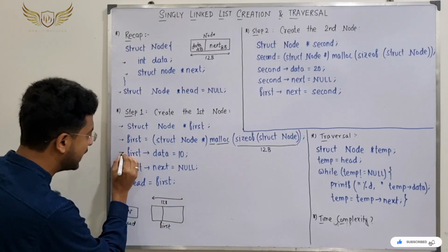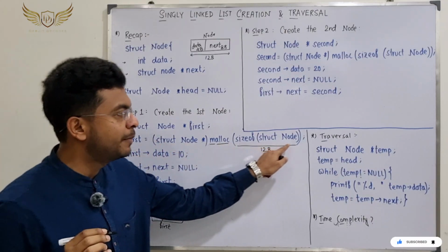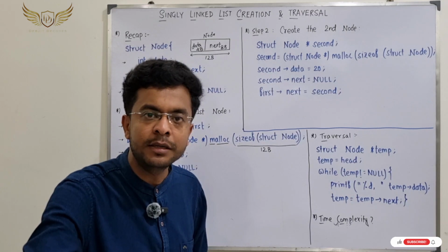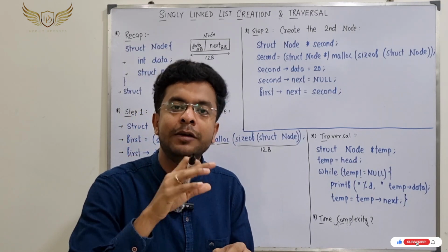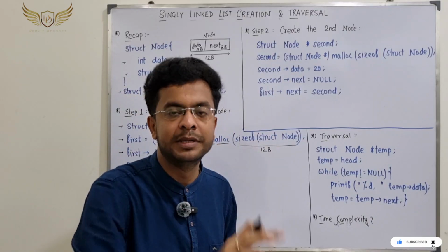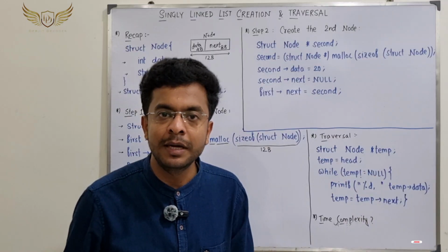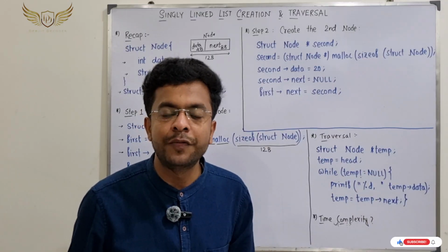Now if you go to the next line, whenever first equals something is done and 12 bytes have been allocated, it has been allocated from some memory location. For example, if a guest is arriving at a hotel, the manager gives him a key to some room. There might be 50 rooms available, but he will give only one key to that person, saying go to room number 205.